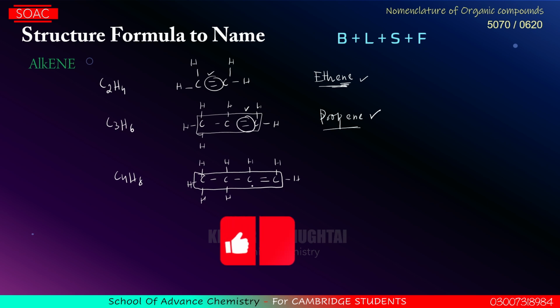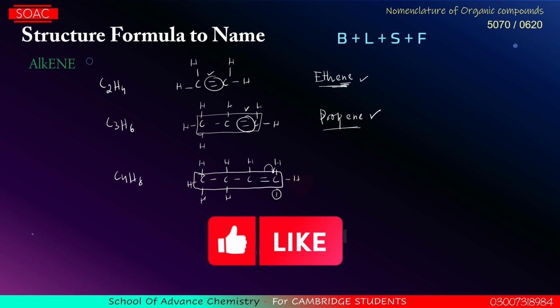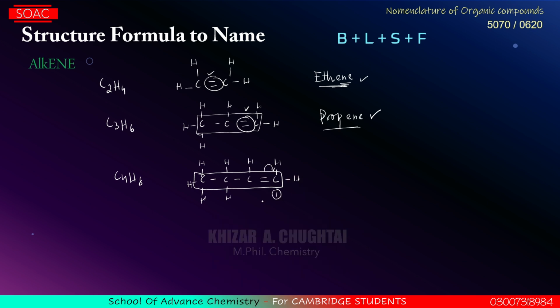The different thing is that this time, although you're not having a branch, you will have to mark the numbering. This carbon will be carbon number 1 because it is closer to the double bond. So numbering is essential whenever you are going from carbon 3 onward.